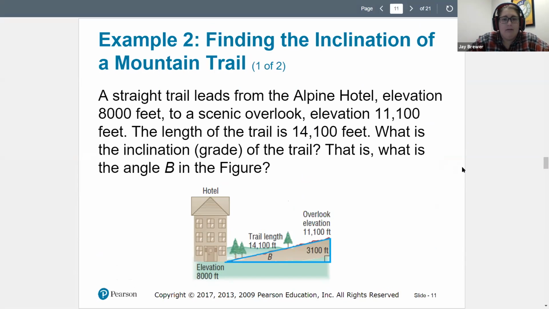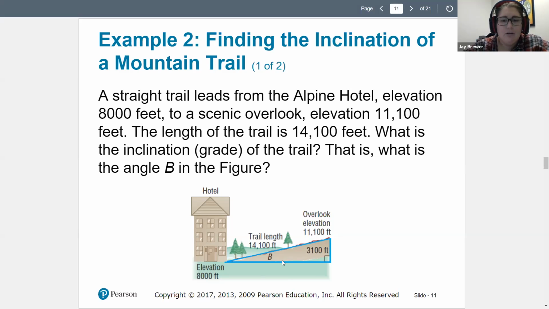A straight trail leads from Alpine Hotel, which sits at an elevation of 8,000 feet, to a scenic overlook with the elevation of 11,100 feet. The length of the trail is 14,100 feet. What is the inclination or grade of the trail? In other words, they want to know what the angle B is in the figure.